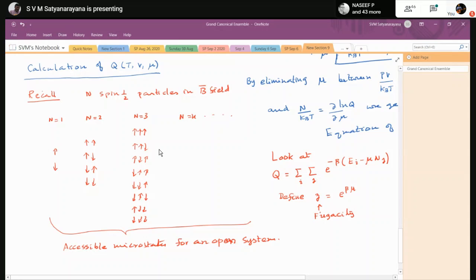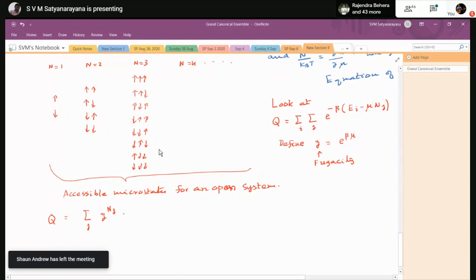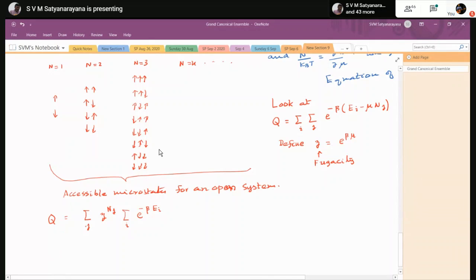Now we can write this Q in terms of fugacity in the following fashion. I can write Q as the sum over j of z to the power n_j, into the sum over i of e to the power minus beta E_i. So this is a sum over all possible numbers of particles.